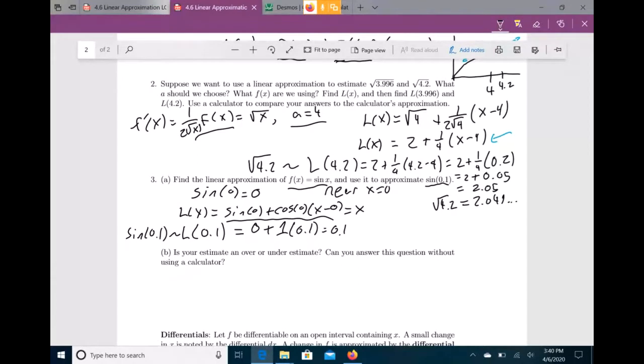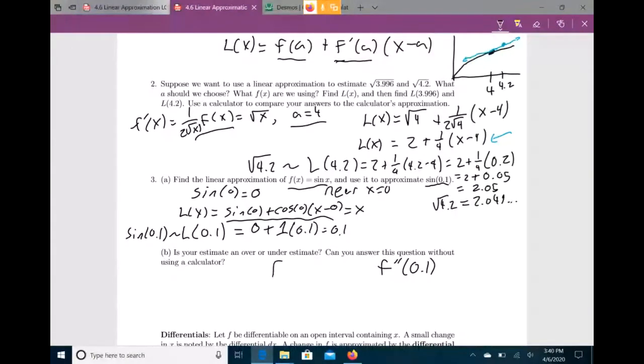So you don't have to know exactly the value, but try to think about what is the second derivative of our function at point 1. So our function is sine. So think about the graph and think about whether the second derivative would be positive or negative at point 1.